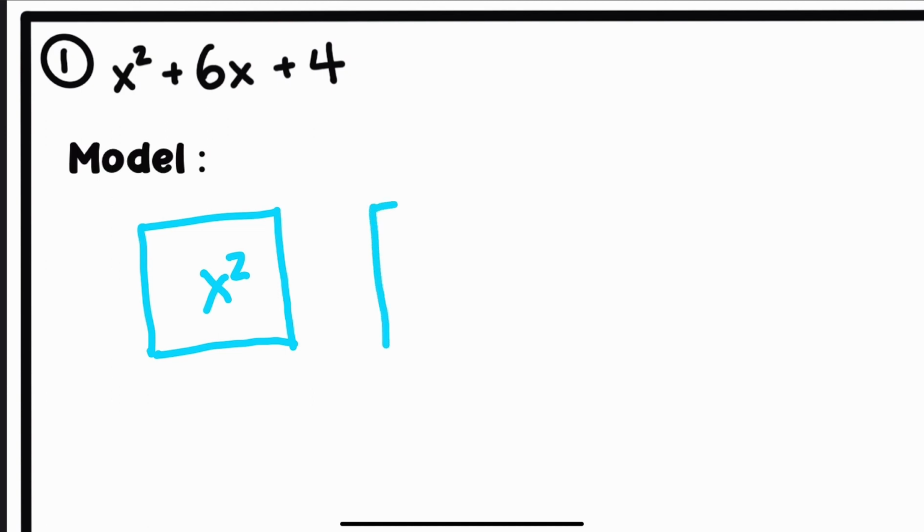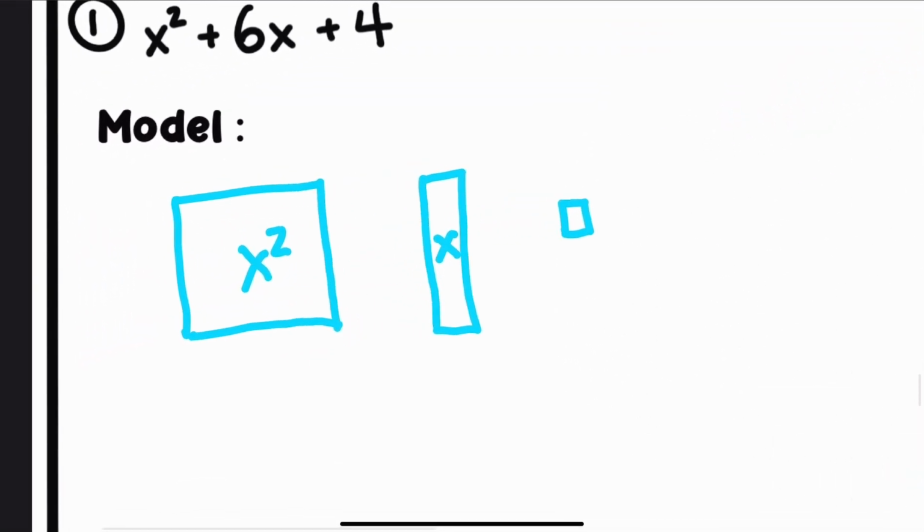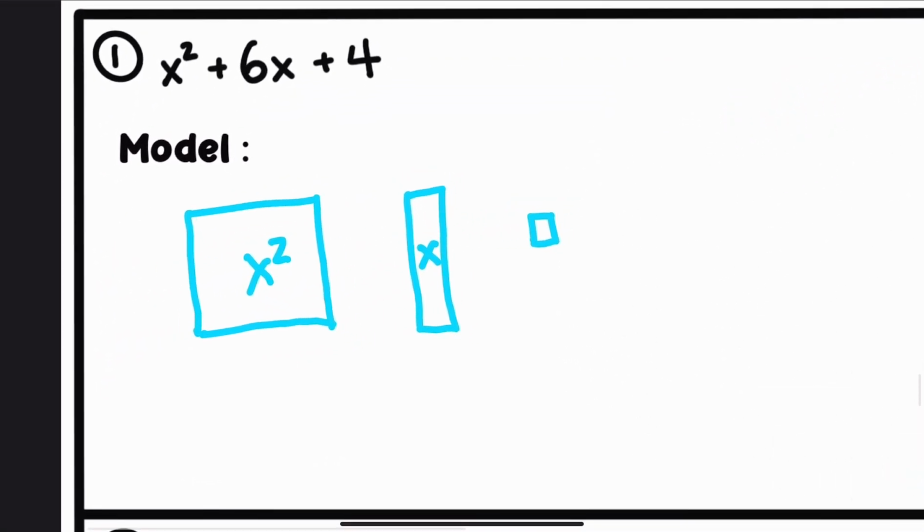We have 6 x's. X's are little rectangles like so. And then we had 4 for our constant. And those just look like this, little squares. Okay? And they fit together in such a way that you can make it into a square. Like a literal square. Like that's why it's called completing the square, is because you're trying to make a square out of all of these pieces.